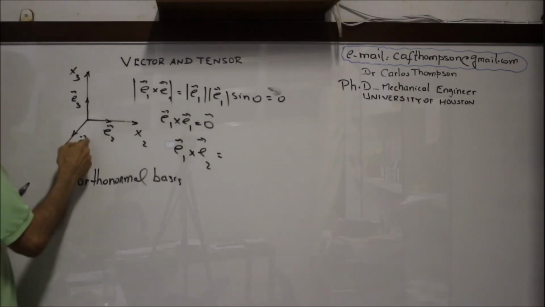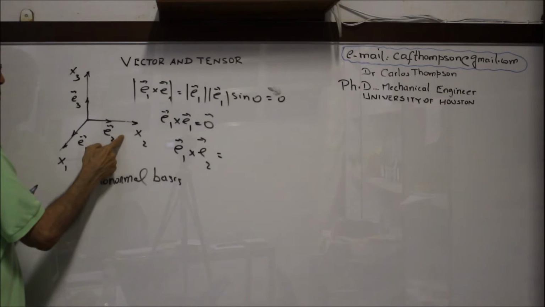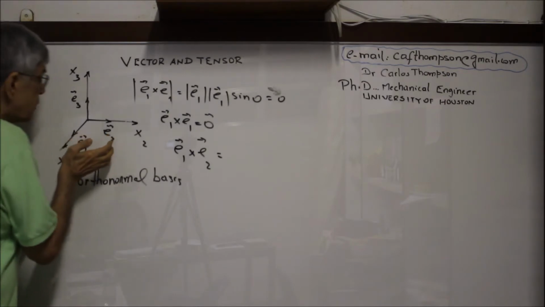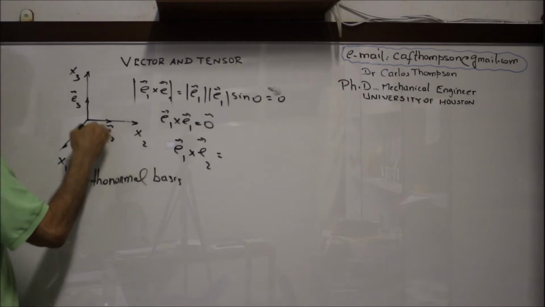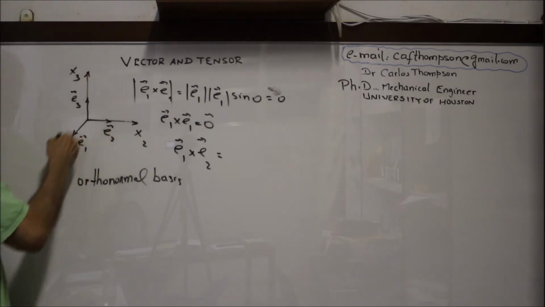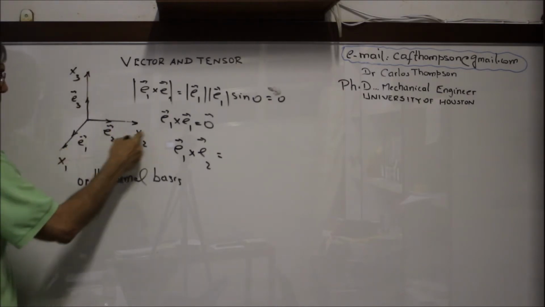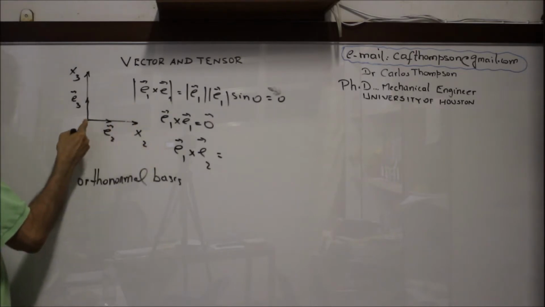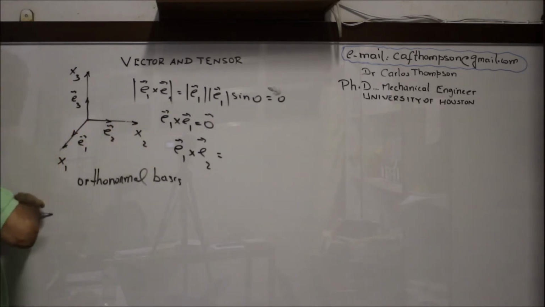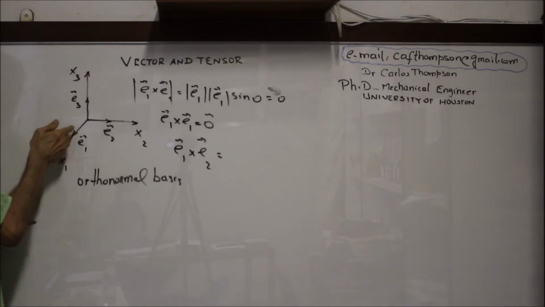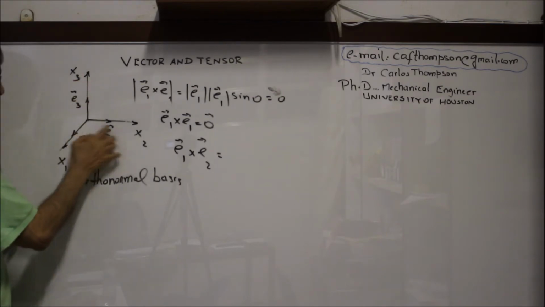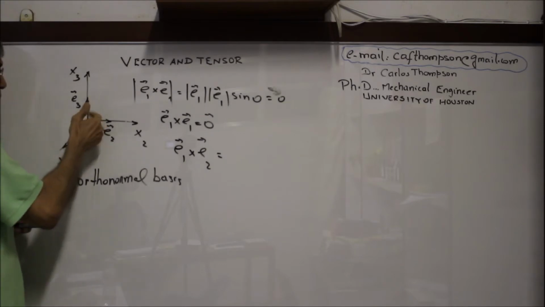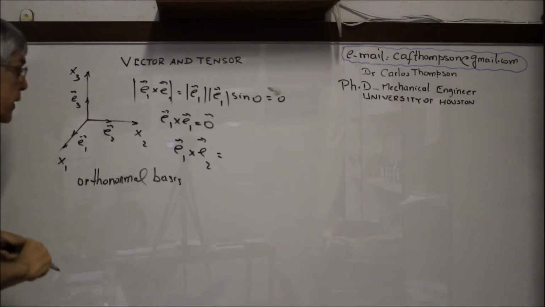Now, the direction: you just use the right-hand rule. You move E1 to E2, and you see that you have E3.